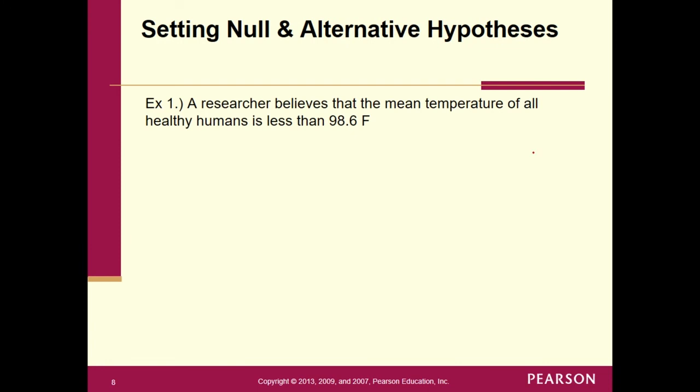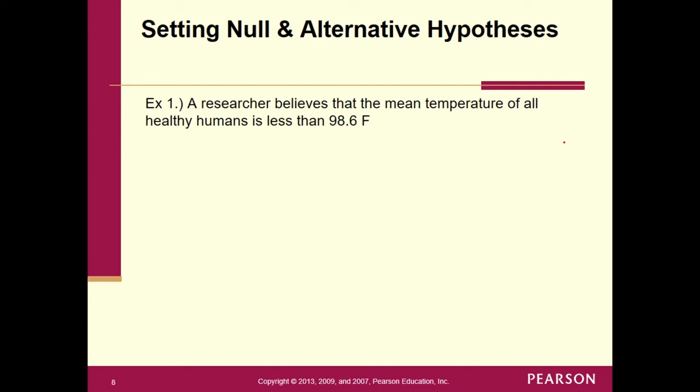Okay, so example one: a researcher believes that the mean temperature of all healthy humans is less than 98.6 degrees Fahrenheit. This statement would be one statement in about 3 or 4 sentences, and those sentences are the problem that you would receive in WebAssign or maybe on the exam.